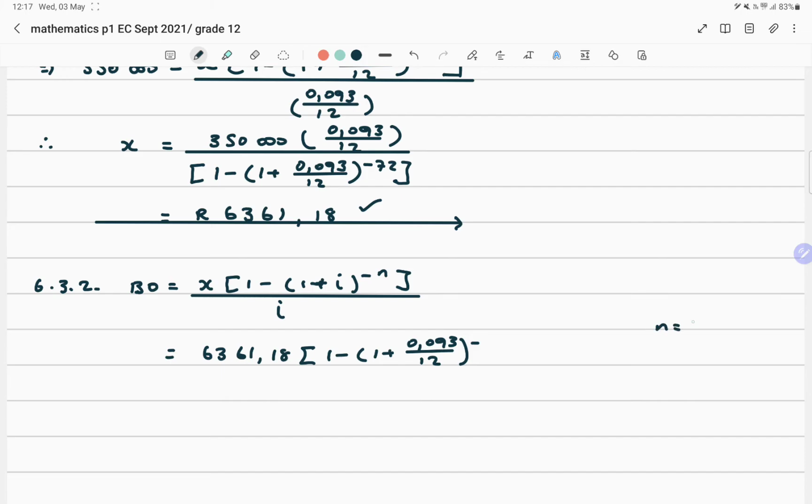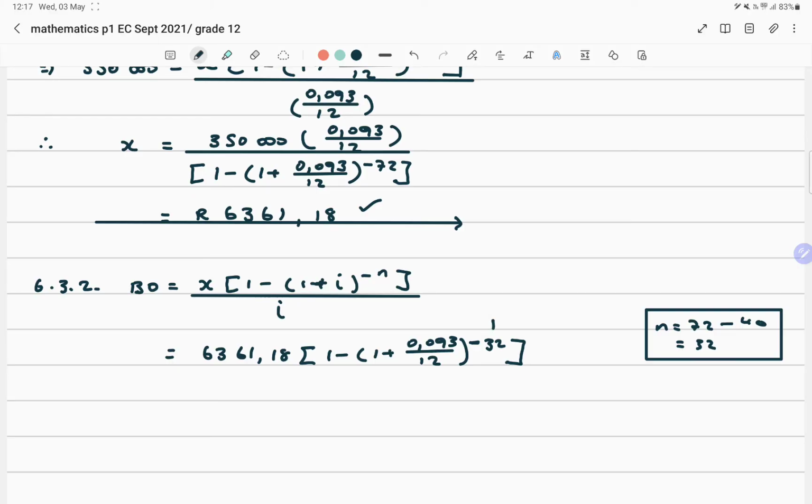This n is going to be the 72nd period minus the 40th, which is going to be 32, right? 72 minus 40. Yes, it's 32. So basically the period remaining is what you're going to put there, because that's what the amount you would be paying should be, isn't it? So now this is going to be minus 32 instead.